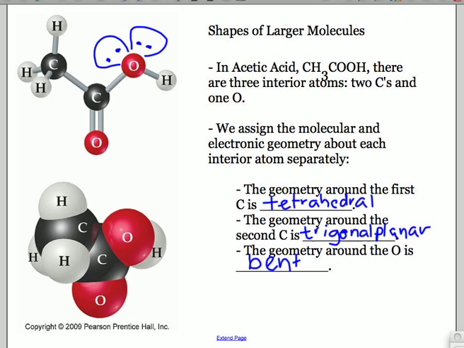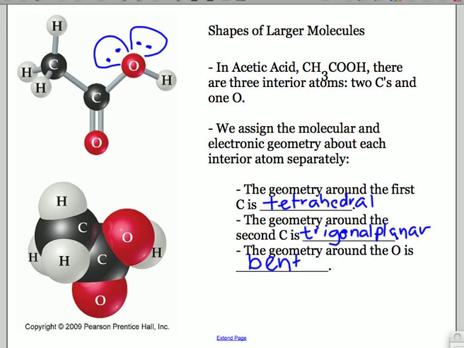So he's a 4 bonding area, 0 non-bonding. And when you look that up, he's tetrahedral. When you look at the second carbon, he has 1, 2, 3 bondings. Remember, the double bond just counts as like a bonding area. So he's a 3 and 0, 3 bonding, 0 non-bonding, which means he is trigonal planar.